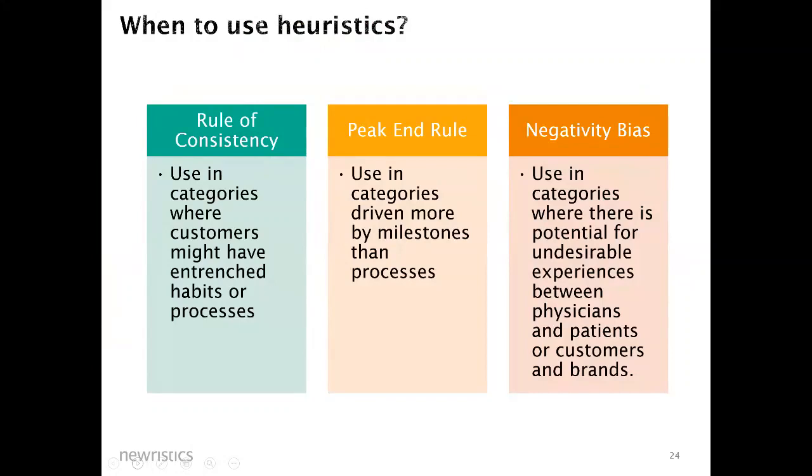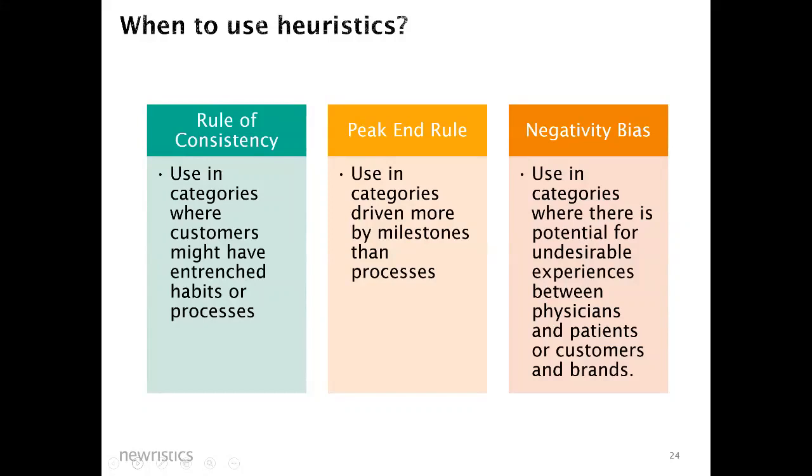If you're working in a category where customers, meaning physicians or patients or even payers, might have entrenched habits or processes or guidelines, in a category like that, you are definitely going to find rule of consistency will exist, and it will potentially be driving irrational decision making.